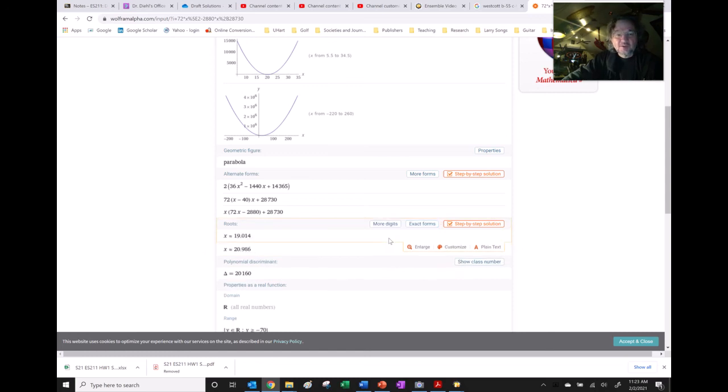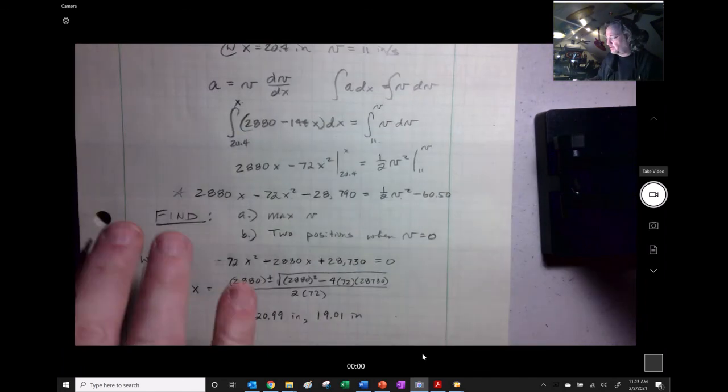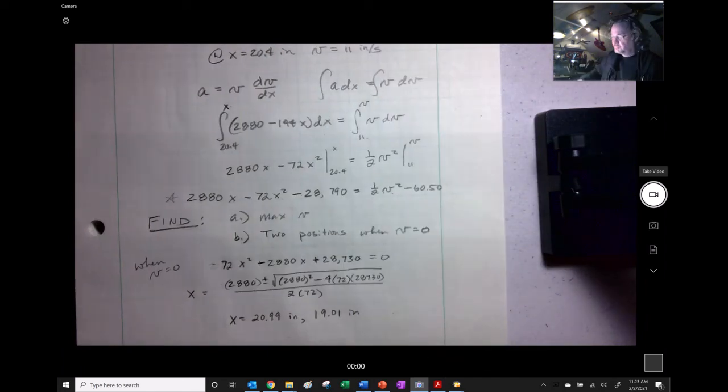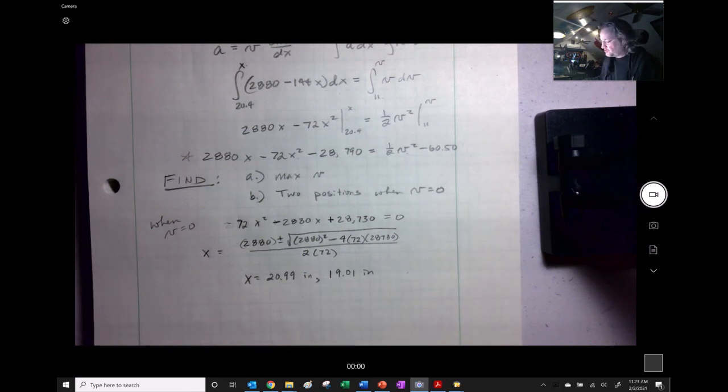Approximate forms. How about approximate forms? There you go. 19.01 and 20.986. Okay, good, because that's the same thing I just got by doing the math right there. Okay, so that's the answer to part B.